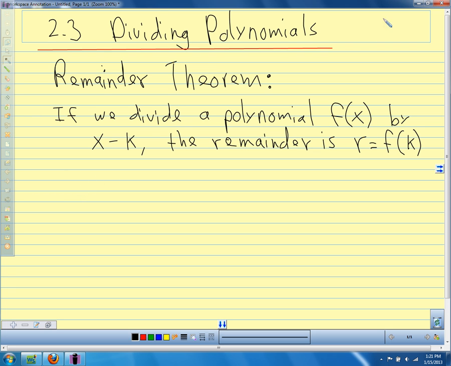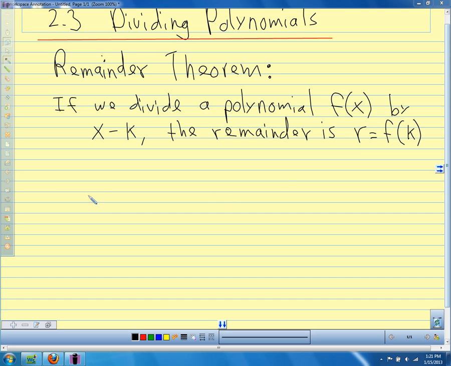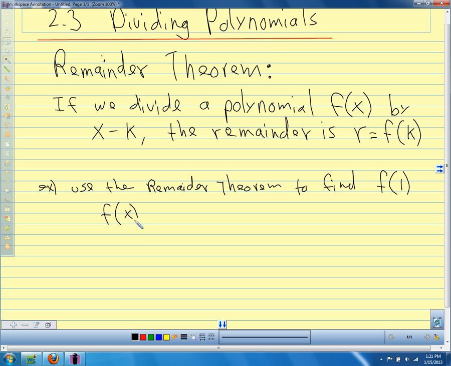So an example of the kind of question you'd be asked is, we're going to use the remainder theorem to find f of 1 when f of x equals x to the third minus 2x squared minus 4x plus 1.